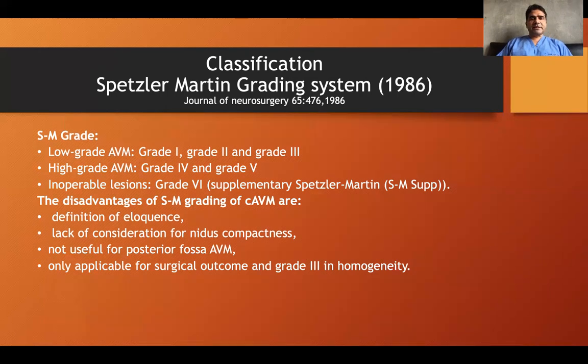This is from the supplementary Spetzler-Martin group. And there are disadvantages of the Spetzler-Martin grading system. One is the definition of eloquence. Number two is the lack of consideration for nidus compactness. And third, it is not useful for posterior fossa AVM and is only applicable for surgical outcome in grade 3 homogeneity.